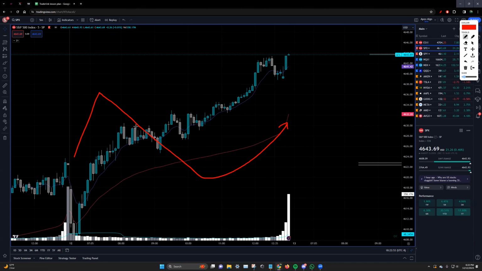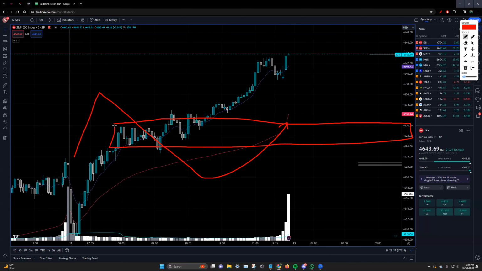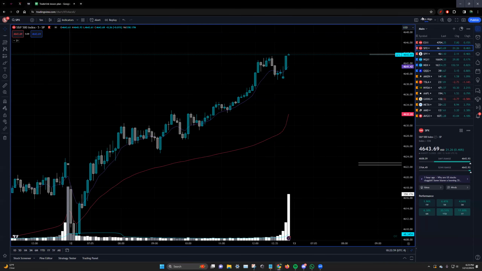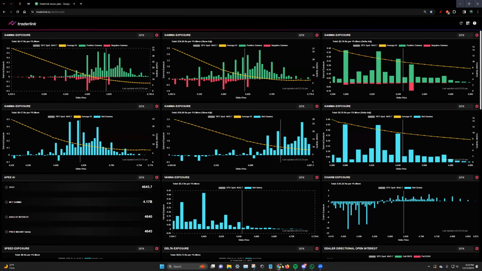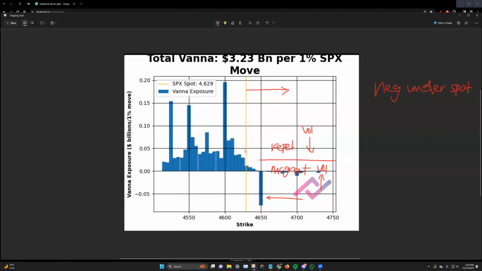We will compress essentially right around this area and be pinned, because the second thing to take note of is also this one. Where did the screenshot go? Oh, there. This one as well is negative below, right?